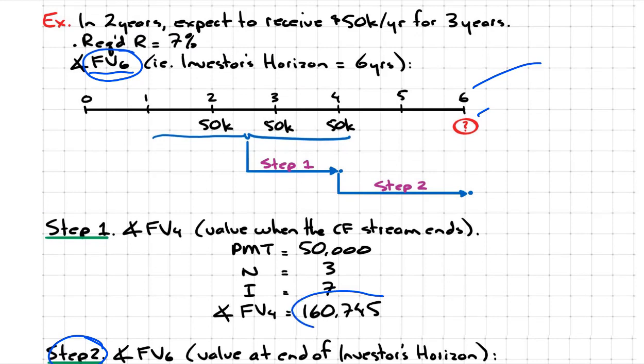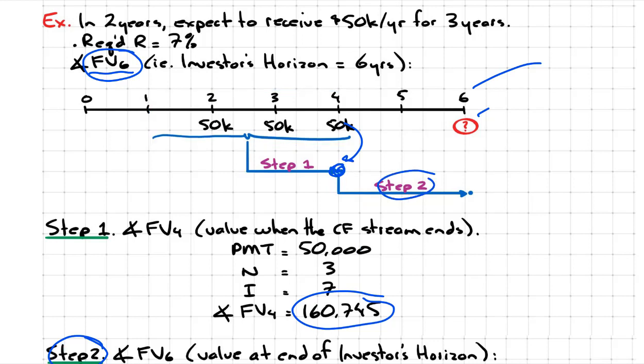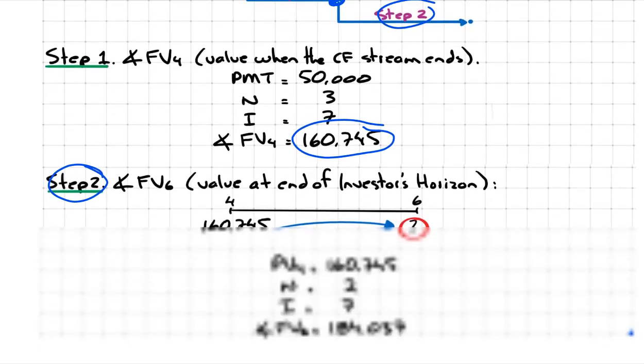We have this 160 over here. That's what that dot is. Now, if you're looking at step 1, that 160 is the future value. But if you're looking at step 2, ladies and gentlemen, within the context of step 2, that 160 is the beginning value. And that's exactly what we're doing here.